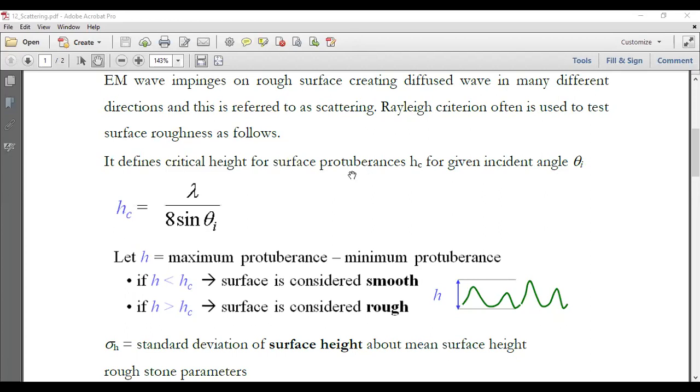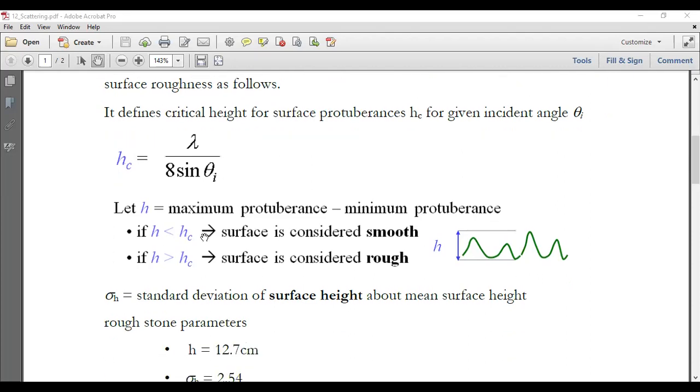It is rather the angle between the ray and the surface. So with that, you can calculate HC here, and if the H of the surface is smaller than HC, then the surface will be considered smooth, otherwise it is rough.